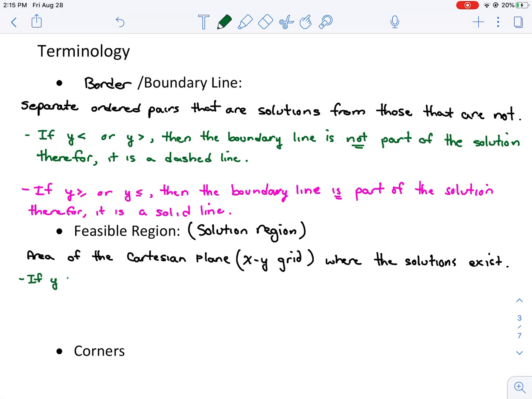All right, so if y is less than or y is less than or equal to an expression, then the feasible region is below the boundary line.